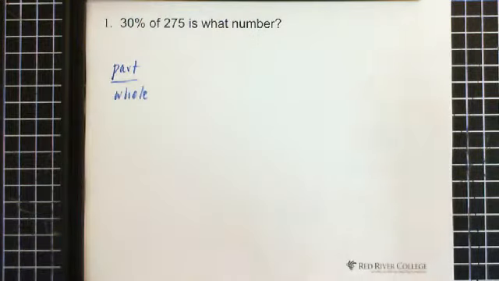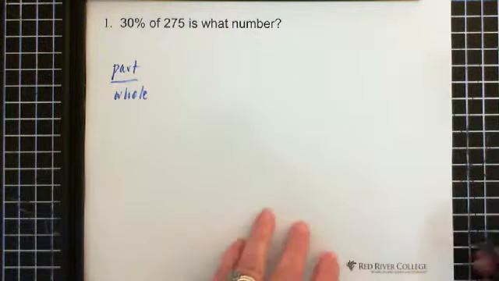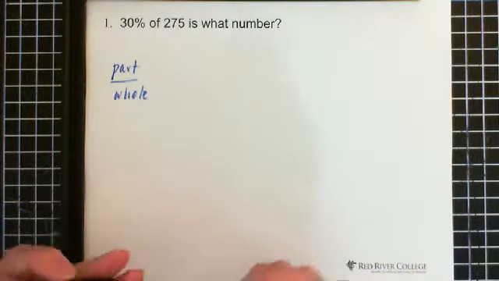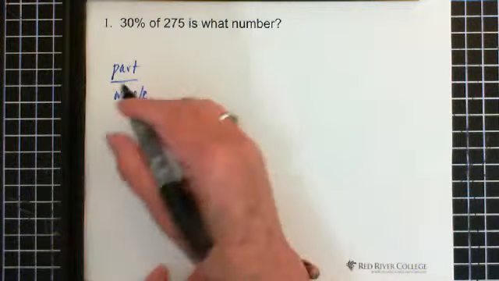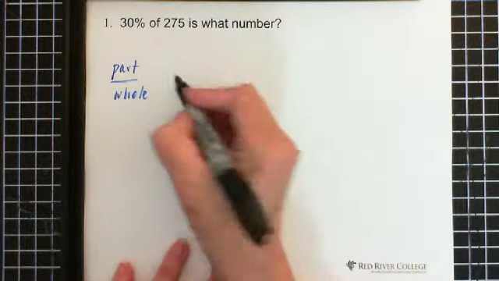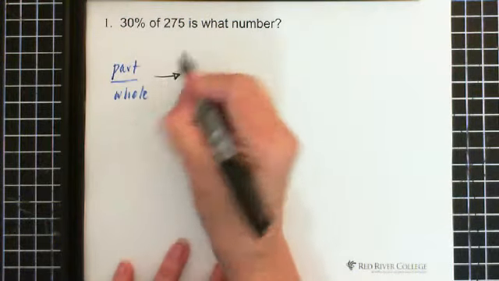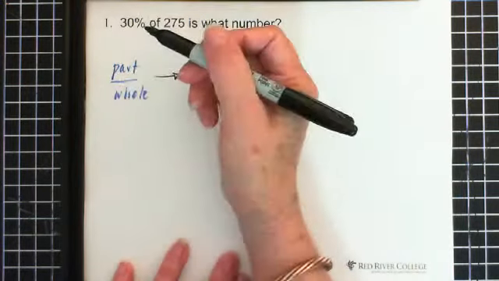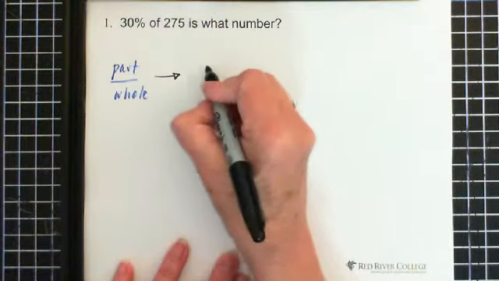Now it is also important to just read the question a few times before you try to figure out what's what. So here we have 30% of 275 is what number? Now when we're dealing with percent, this piece here is always the part.